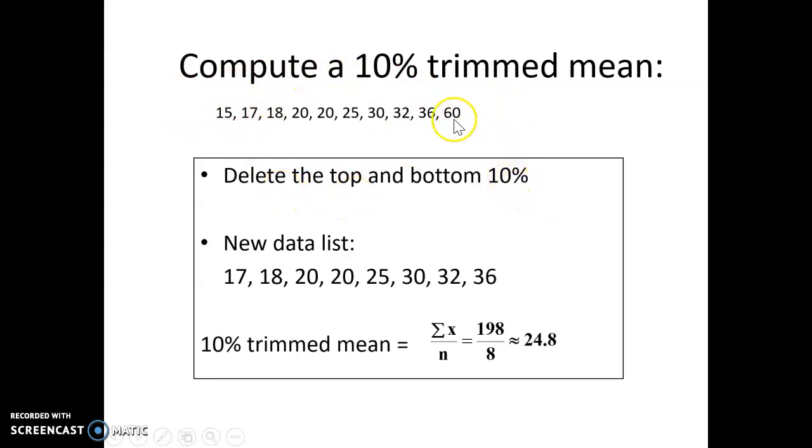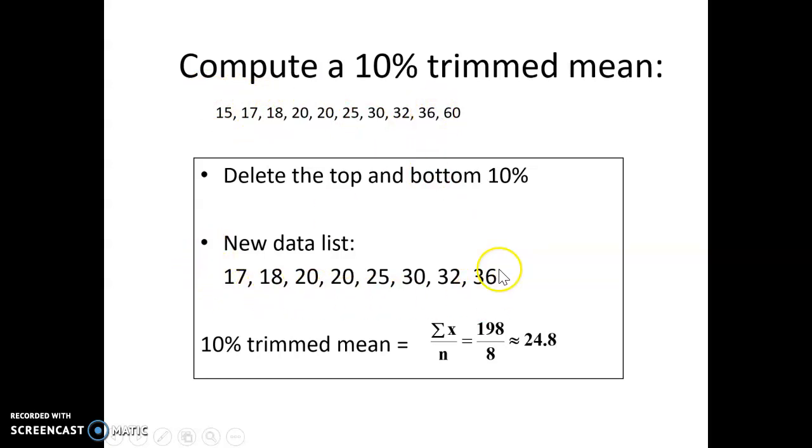So what's 10%? We count 1, 2, 3, 4, 5, 6, 7, 8, 9, 10 numbers. So what's 10% of 10? 1. So you're going to delete the top 10% and the bottom 10%, which is just one number. So for the new data set, you're going to cut off 60, you're going to cut off 15, and then everything else stays the same. You still have 17 to 36.